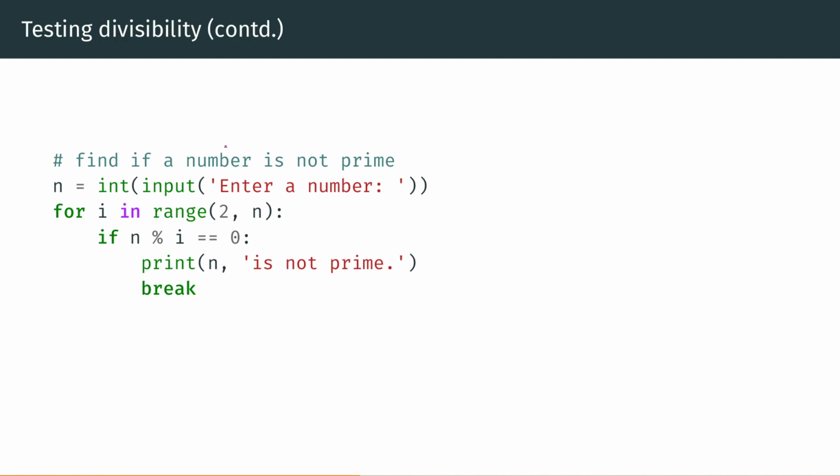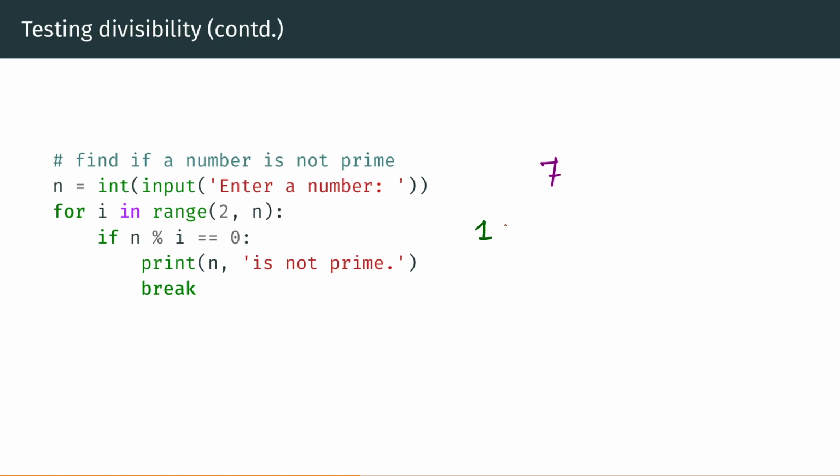So when is a number prime? Let's take 7 for instance. A number is prime if it's only divisible by 1 or itself, right? 7 is obviously divisible by 1.